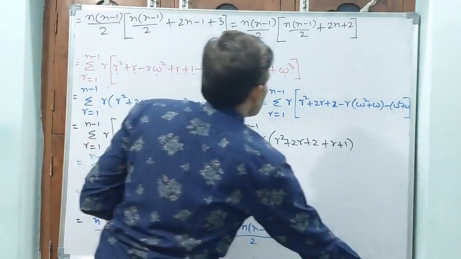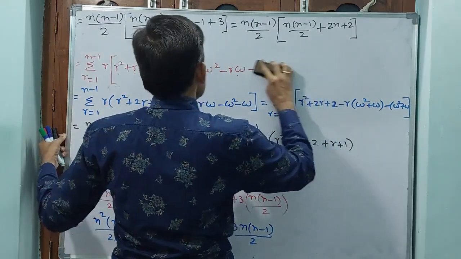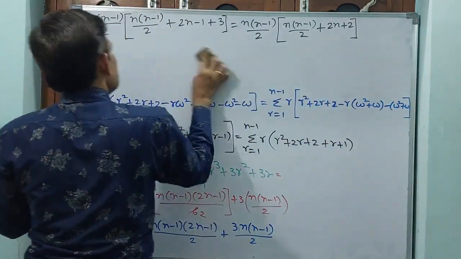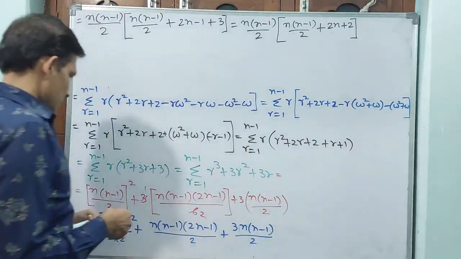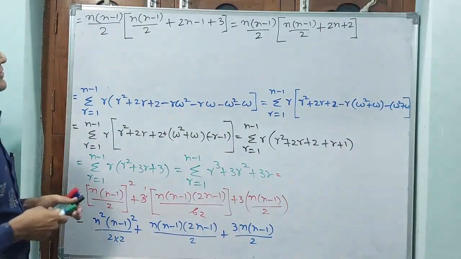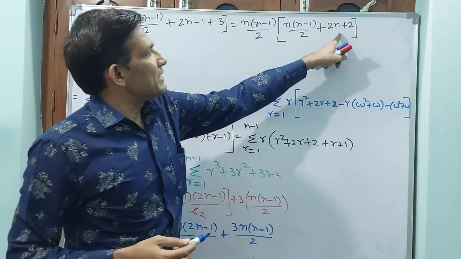Now I am going to remove this up to red color. If possible, we will close this question. See, now you cross multiply.